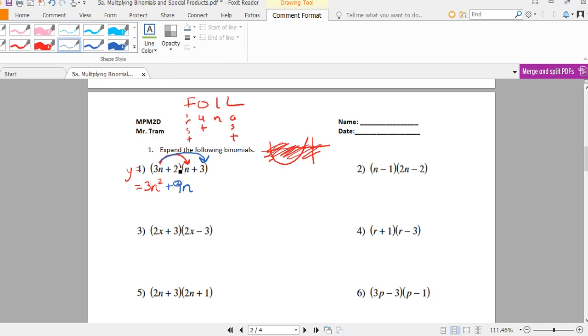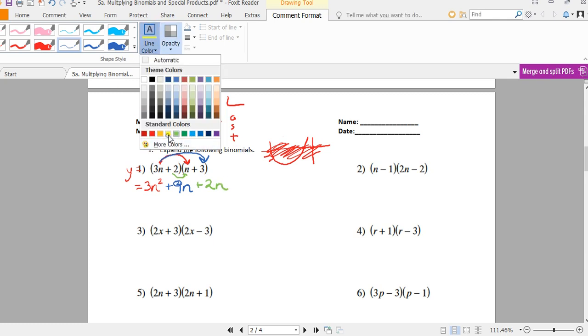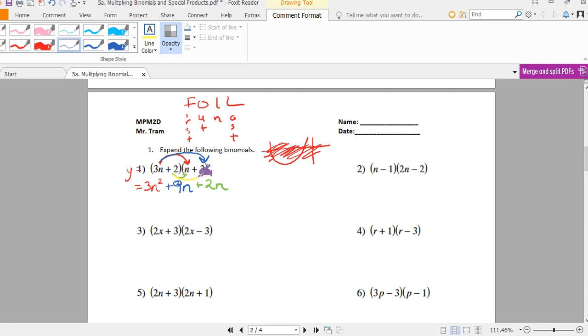So now we take a look at the inside term. So 2 times n is plus 2n. And then the next term we will use yellow. 2 times 3 is plus 6. Notice how there's no n attached.